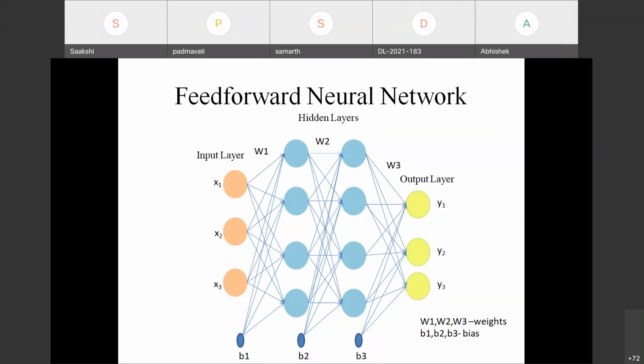Whatever output it has generated, if I consider that the function is linear and it generates some y hat, what happens if that y hat is further away from the actual y? We have seen that the loss will be high, because there is a big difference between the actual y and the predicted y. So there is a huge loss.